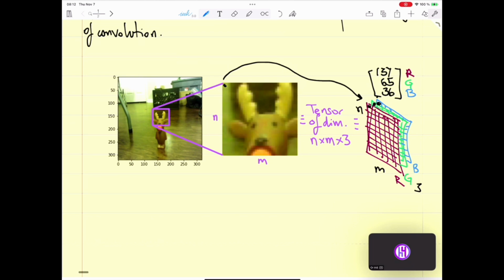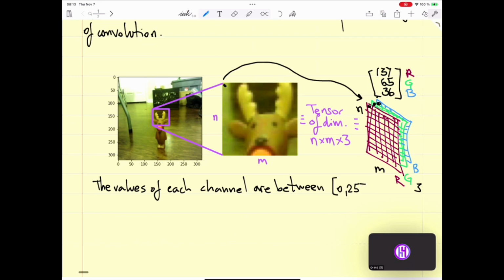So the values are between 0 and 255. We talked about that already because of the 8-bit disposition. Did I mention that? No, sorry, I did not. The values of each channel are between 0 and 255.